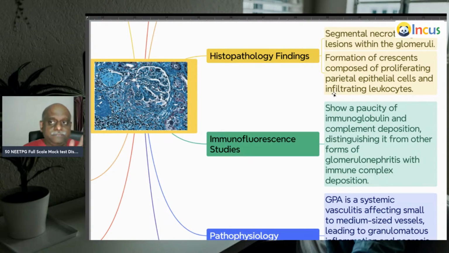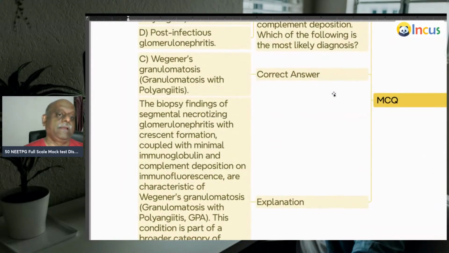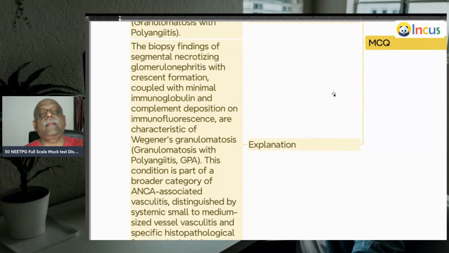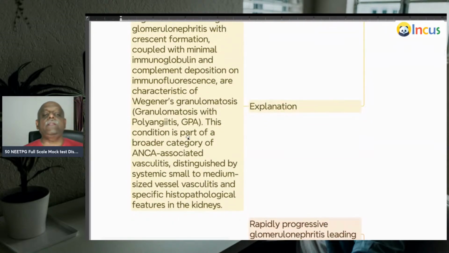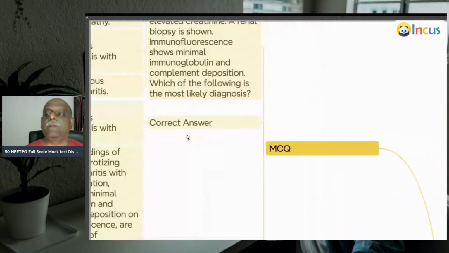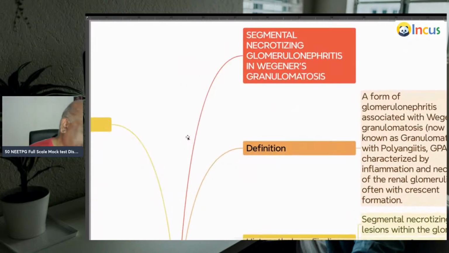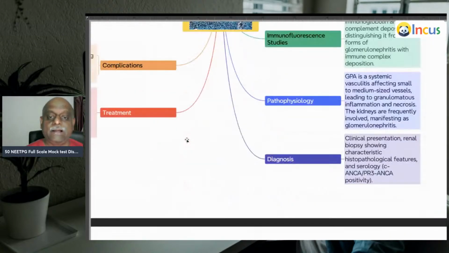They are called crescents. So, doctor, what you are seeing here is segmental necrotizing glomerulonephritis with crescent formation with minimal immunoglobulin and complement deposition, which is called Wegener's granulomatosis, typically leading to pauci-immune glomerulonephritis, which is of a rapidly progressive nature, is what you need to remember.